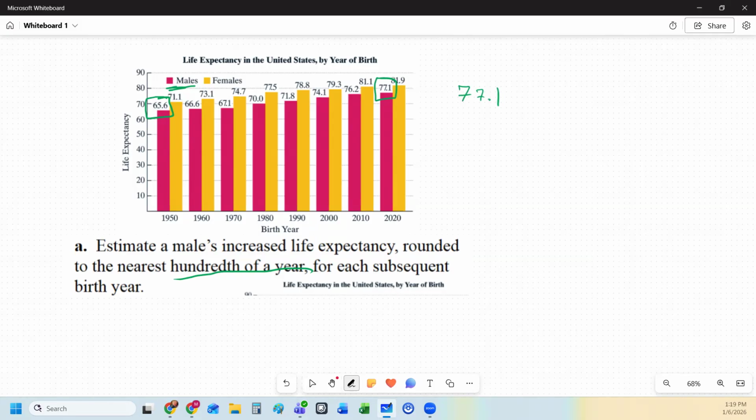So 77.1 minus 65.6, and then divide it by the difference between the year 2020 minus 1950. If I calculate this, I get 0.1642.